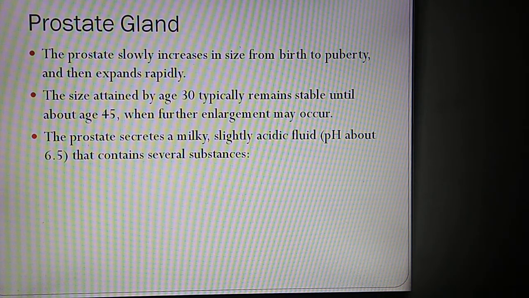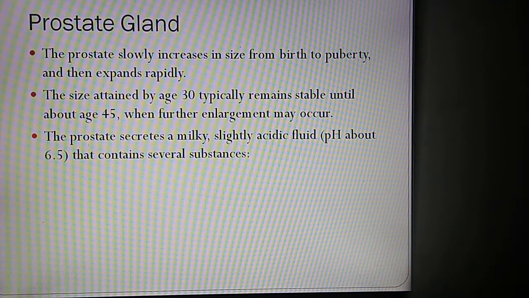The prostate slowly increases in size from birth to puberty and then expands rapidly. The size attained by age 30 typically remains stable until about age 45, when further enlargement may occur.